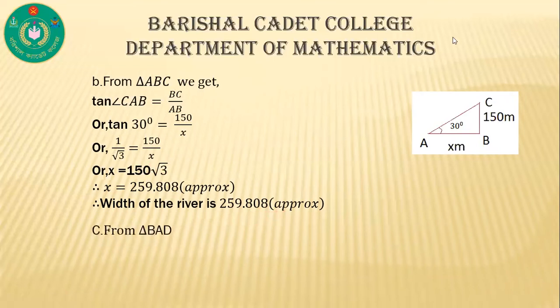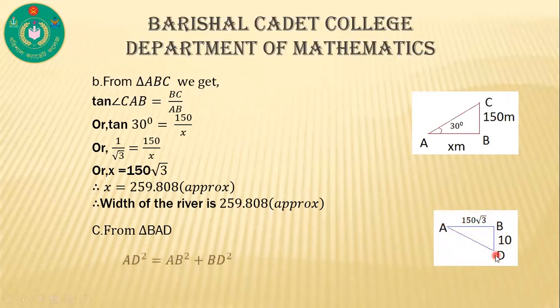Now triangle BAD, from Pythagoras we know hypotenuse square is equal to perpendicular square plus base square. That's why we can write AD square is equal to AB square plus BD square.